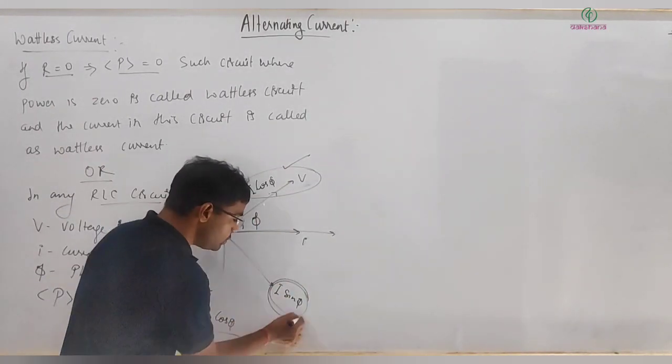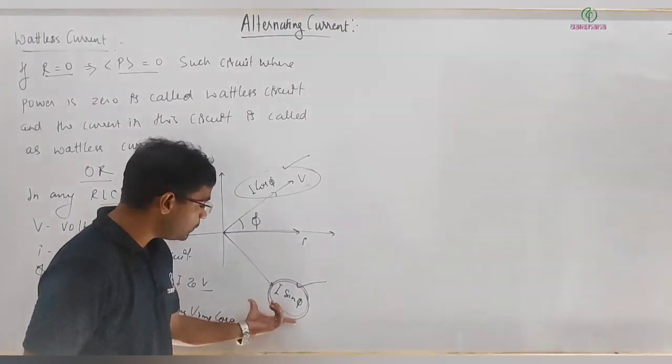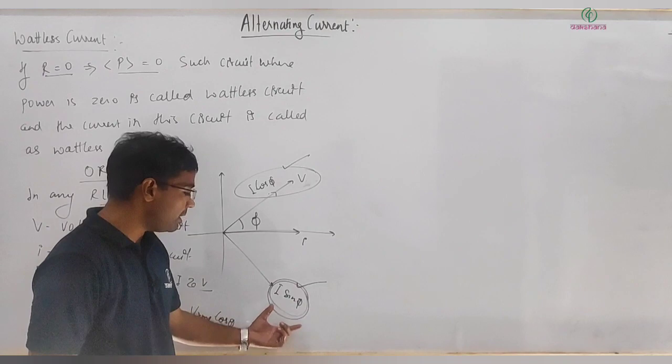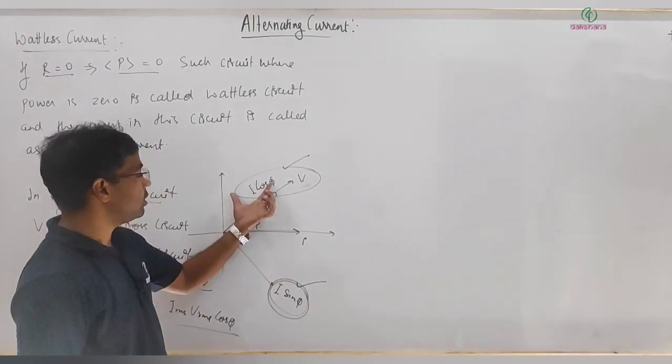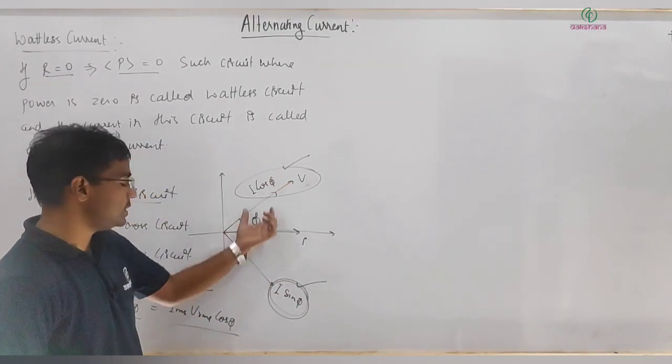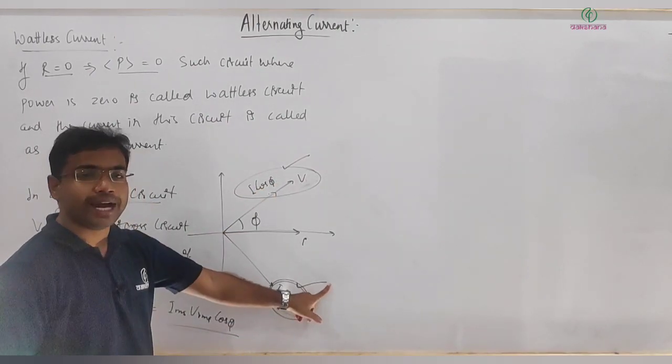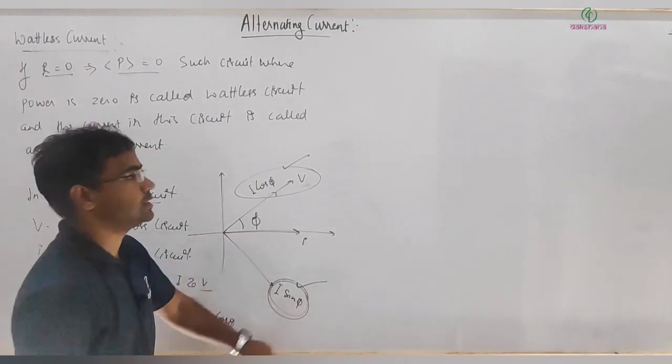Then what is this current doing? It's doing nothing. So you can say there is no power loss due to this current. Whatever power loss comes from I V cos phi is only because of the other component. So I can write that this component of the current, I sin phi, is called wattless current, right?